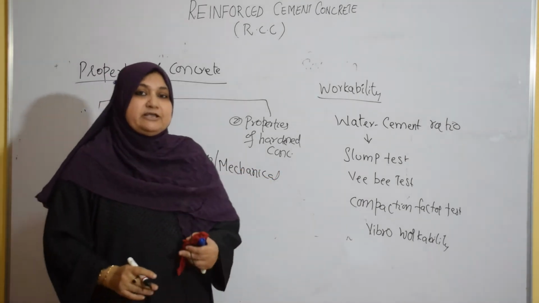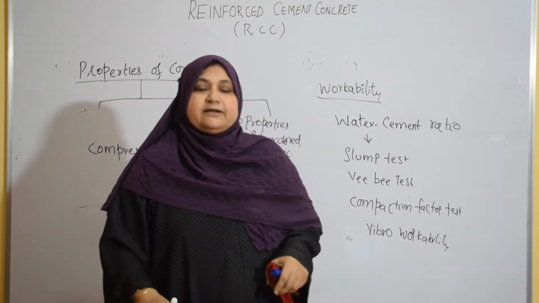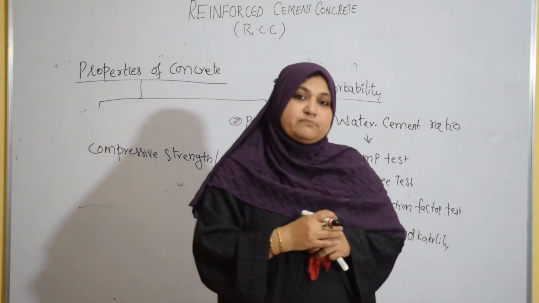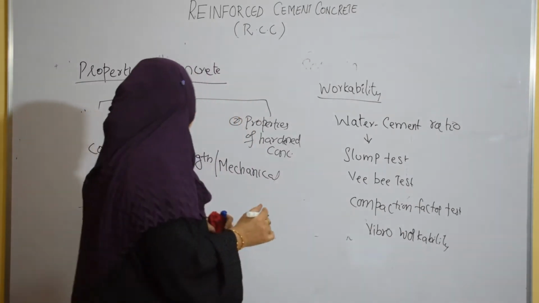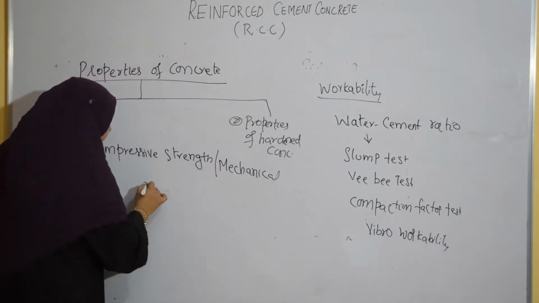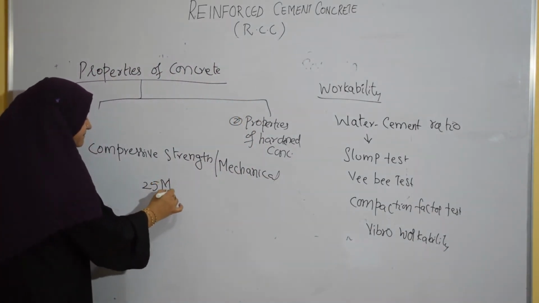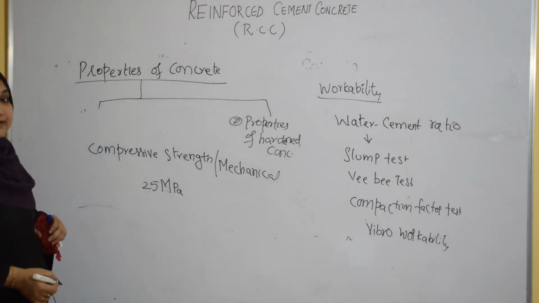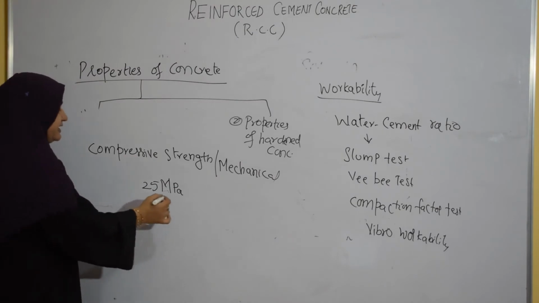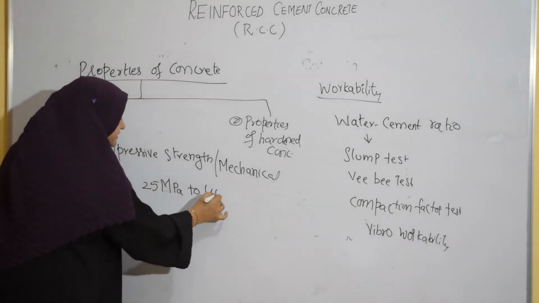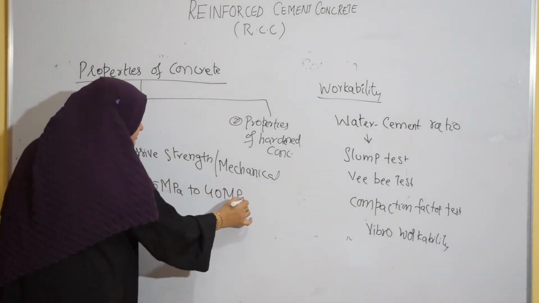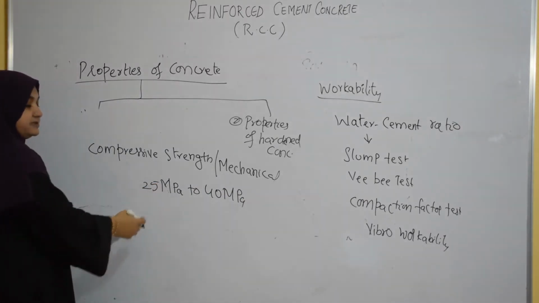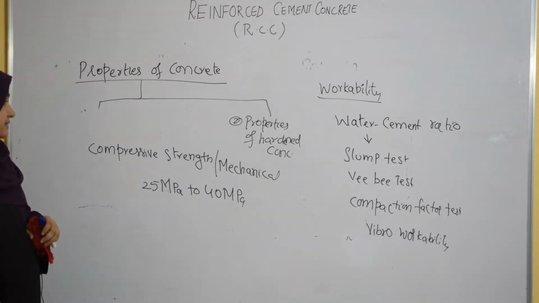The strength of a normal concrete varies between 25 MPa, where MPa stands for megapascal and can also be represented as Newton per mm square, and 40 MPa. So for normal concrete, the compressive strength will be between 25 and 40.